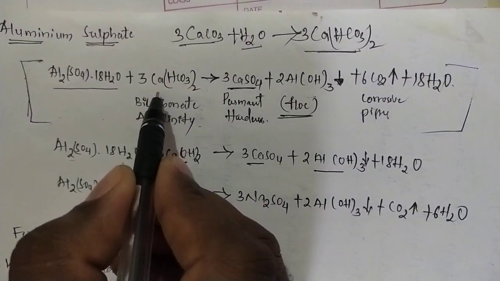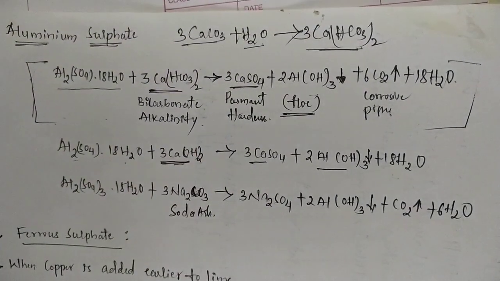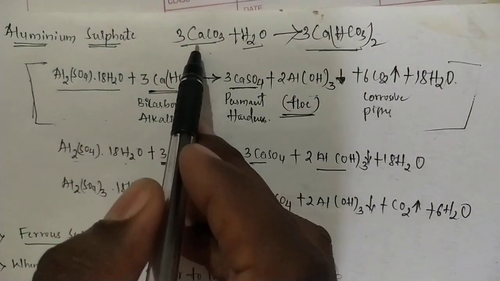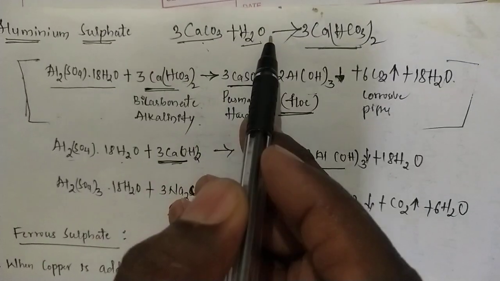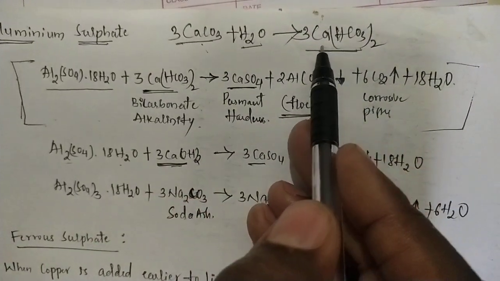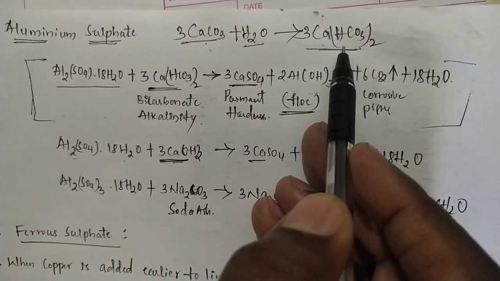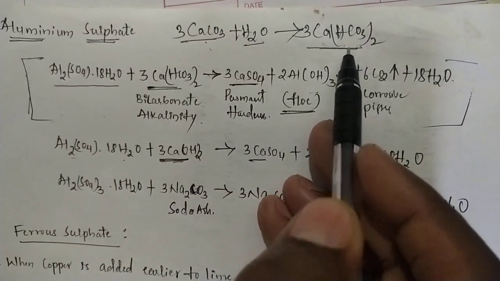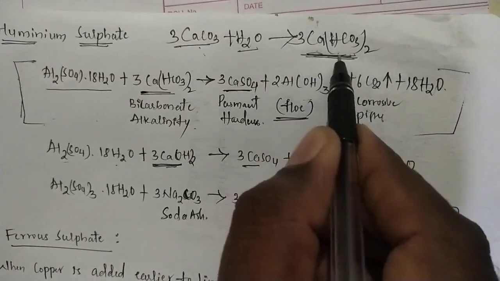And as I told you, how the calcium bicarbonate compound is formed: calcium carbonate reacts with water in the presence of carbon dioxide and forms the calcium bicarbonate compound. So this compound also you have to remember.